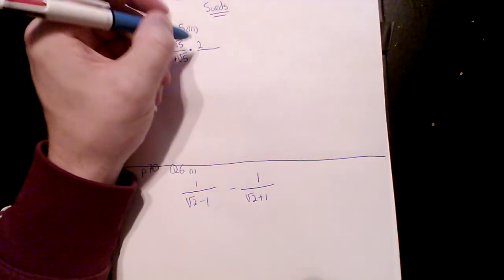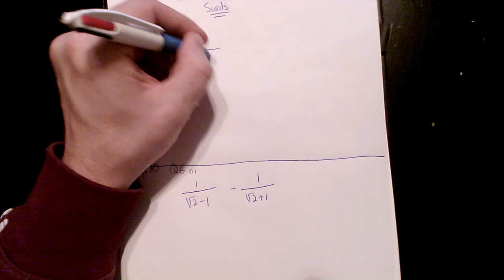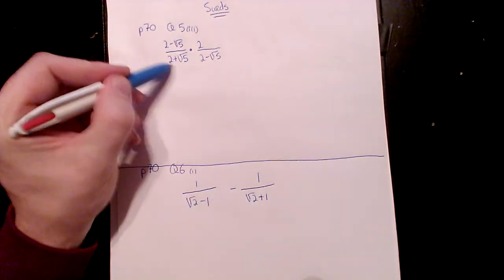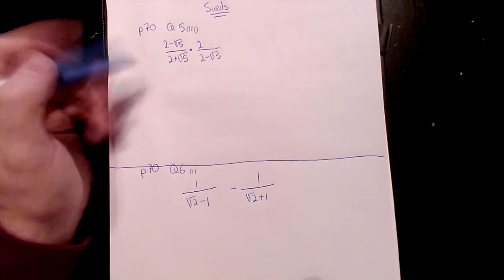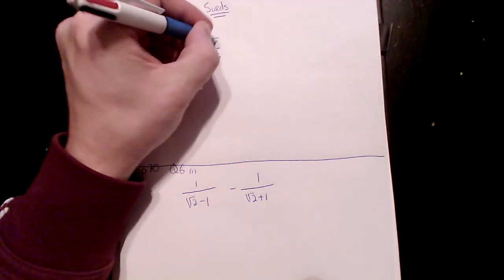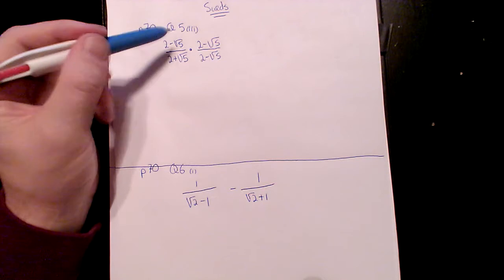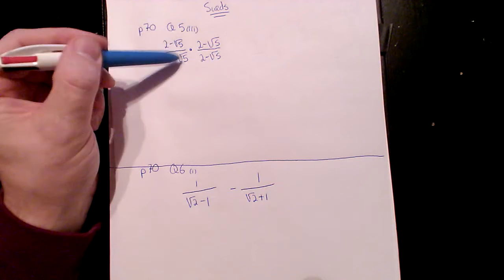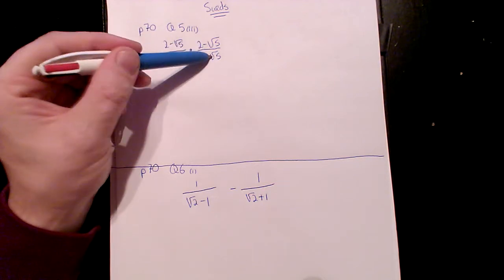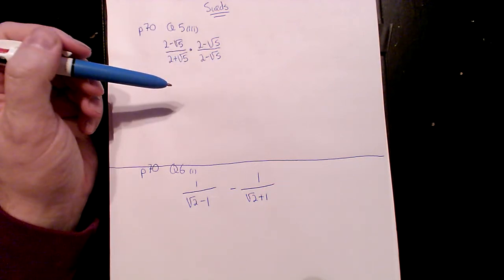So we have 2 minus root 5. I've taken that and changed it to a minus root 5, and I'll do the same on top, because if I have a fraction and I multiply both numerator and denominator by the same thing, then the fraction doesn't change.